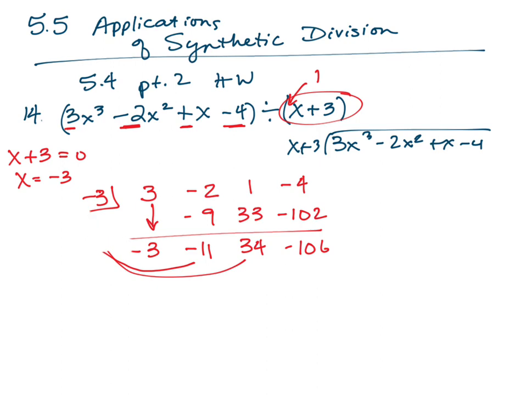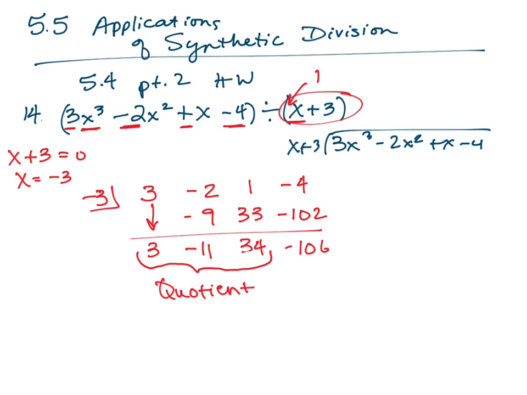So our answer, without all of these arrows in the way, is going to come right here. This 3, minus 11, plus 34. This is the quotient, or it's the coefficients for the quotient. Because we divided by x, and we started with x cubed, if I take x cubed and I divide by x, what's left? X squared.